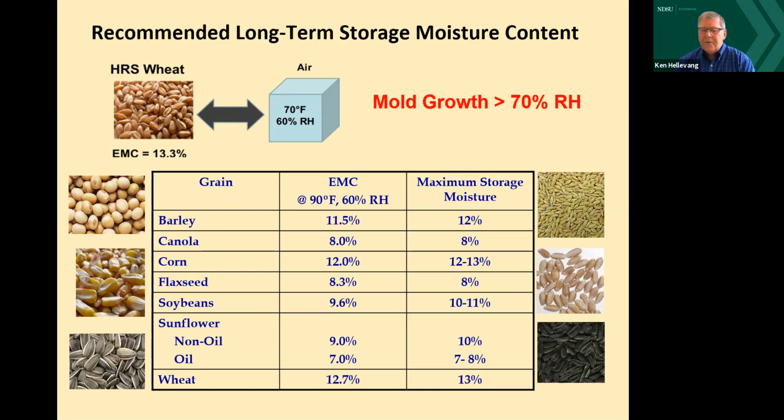The other thing that we need to think about is during the storage period, if we're going to have relative humidities of 70 to 80%, that is typical for Southeast Asia, then it's very important for us to separate the grain from the outdoor environment.